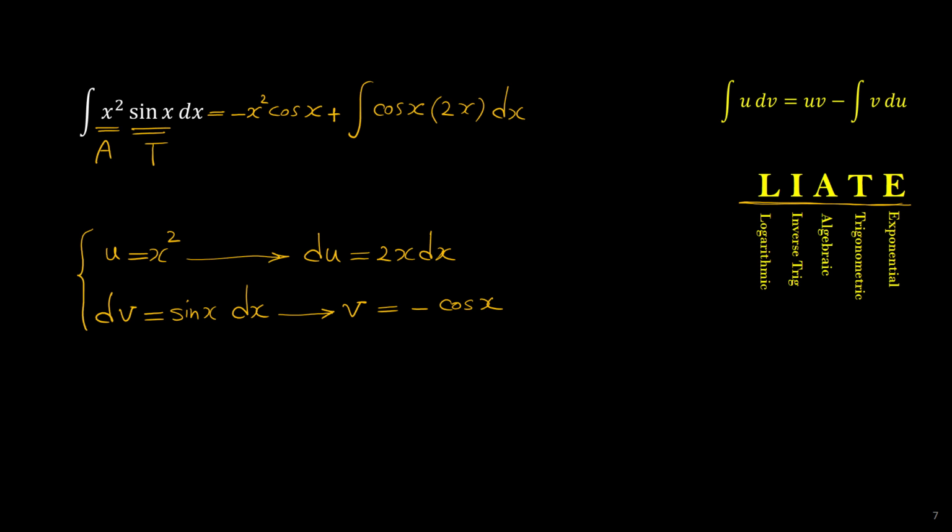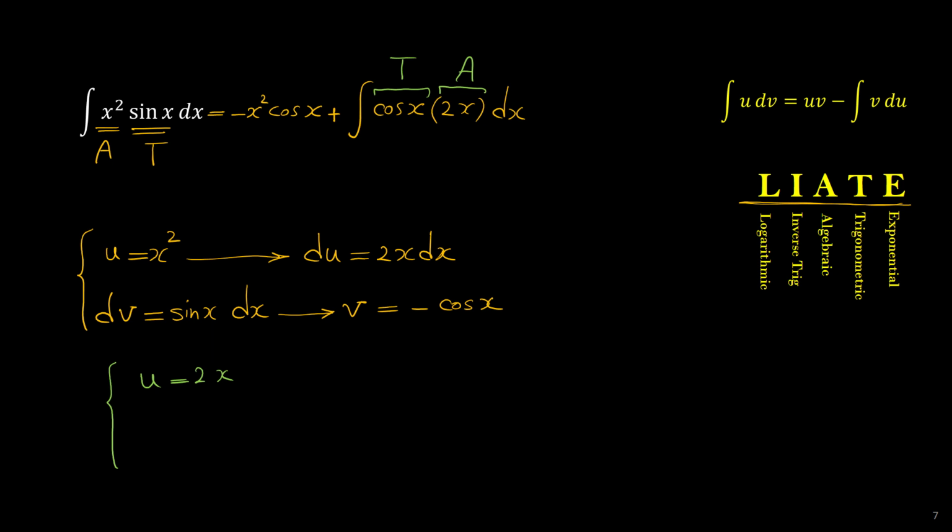Now for finding this new integral, we have to do integration by parts again, because we have an algebraic function multiplied by a trigonometric function. Again, we choose the algebraic part as u, so u is 2x, 2x is algebraic, and cosine of x is trigonometric function.